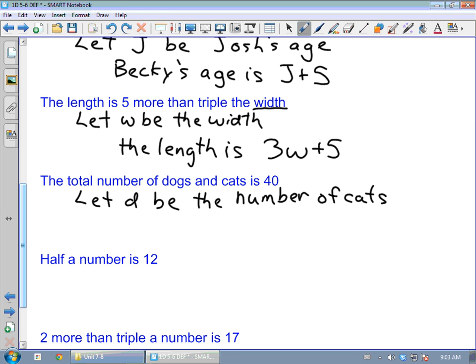Well, that's backwards. If I chose D, I don't want that to represent cats. I want it to represent dogs, because it's really confusing if I use D to represent cats. So let D represent the number of dogs. What would be the number of cats?